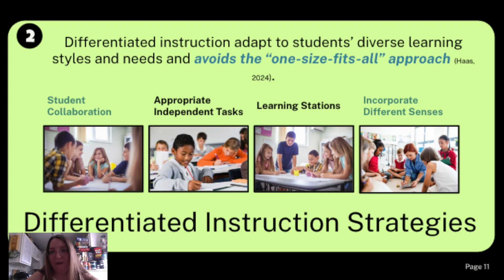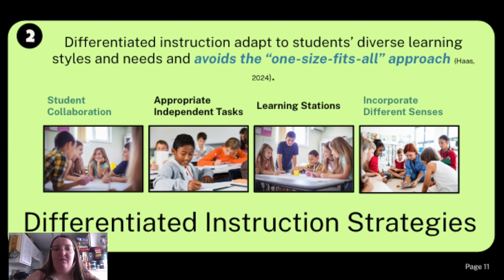I think the four main ones we've talked about today include student collaboration. That's making sure that students get the chance to talk to one another. And then making sure that we have appropriate independent tasks. That's kind of wanting to meet their needs, giving them the tasks we want them to focus on when we're trying to differentiate.